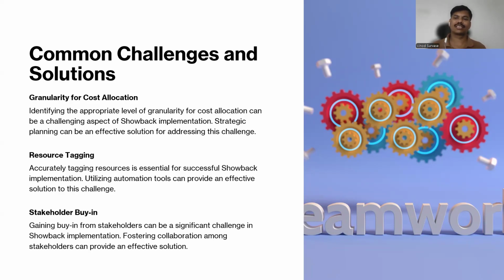So that's the challenge at one point. But when there is appropriate communication and collaboration happening between the organization departments, then definitely they are going to allocate certain budgets based on the different conditions, different requirements, and then it's going to solve the problem for that respective use case, respective solutions, right?